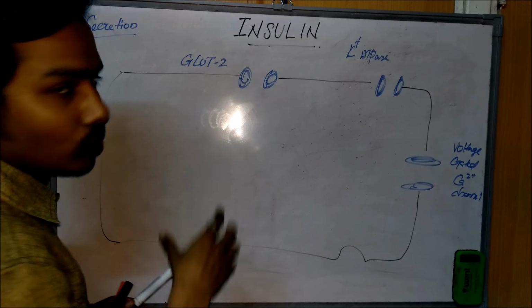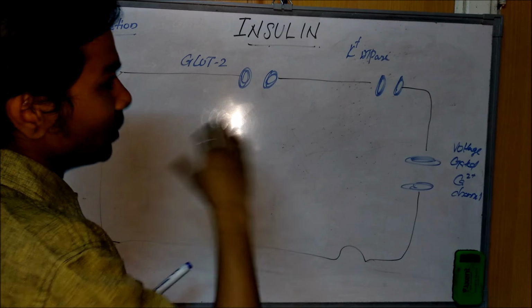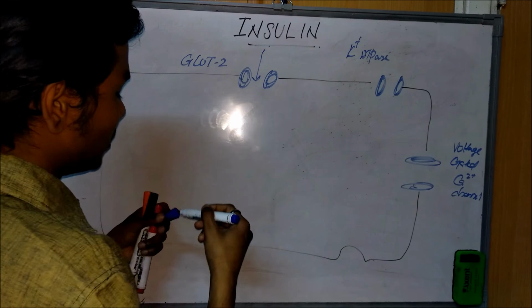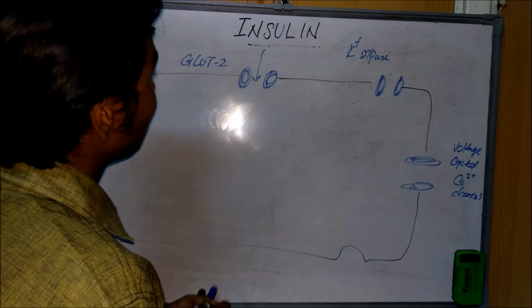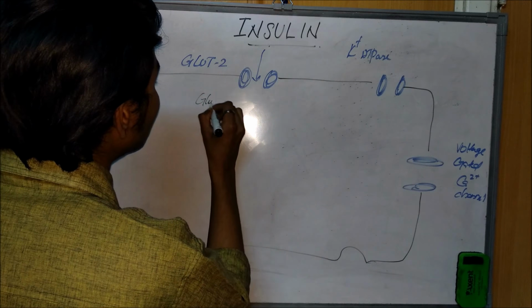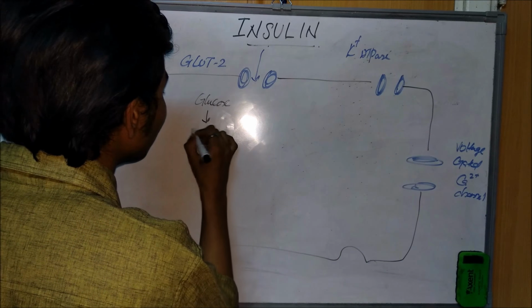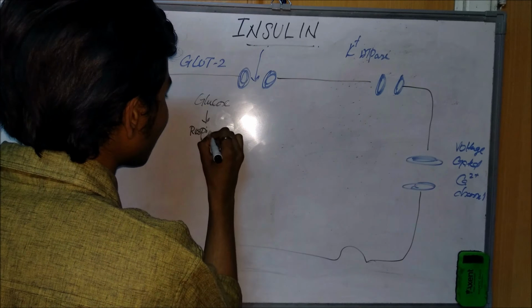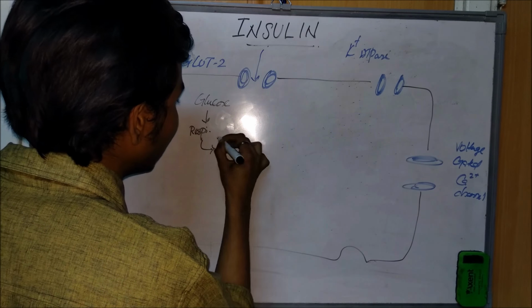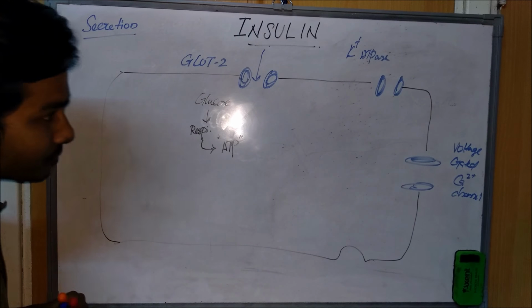Glucose is absorbed in the blood and goes to the pancreas, where it enters the cell via the GLUT2 channel. When glucose enters the cell, respiration produces ATP.